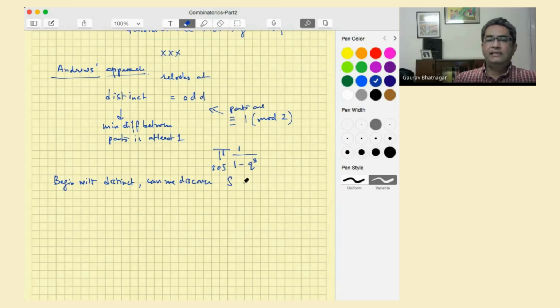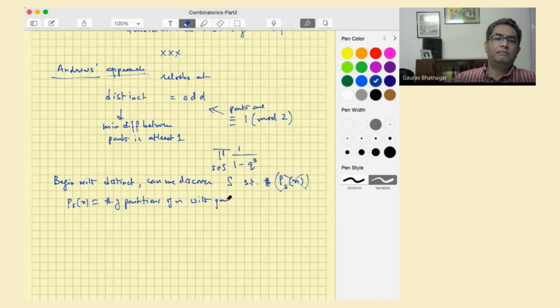this capital S such that the number of partitions with S, the number of partitions of n with parts in S is equal to, let's call it PDN or PN, distinct parts.